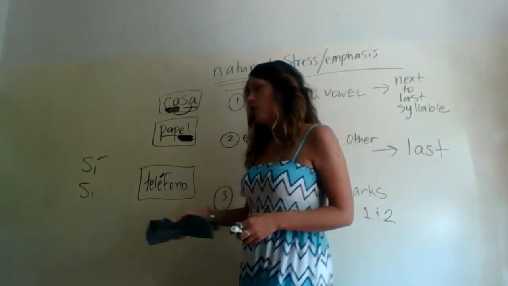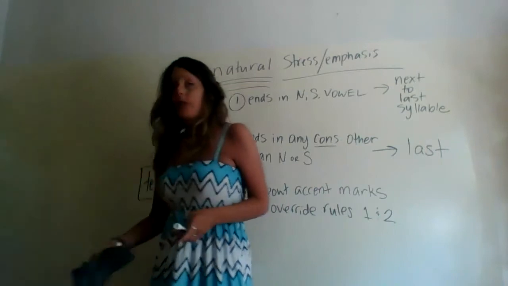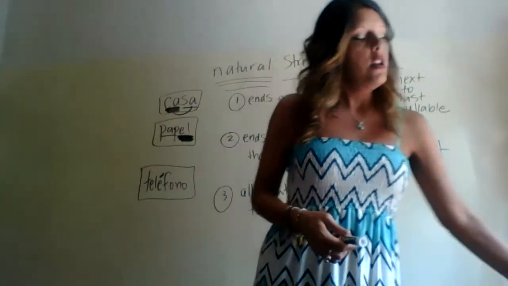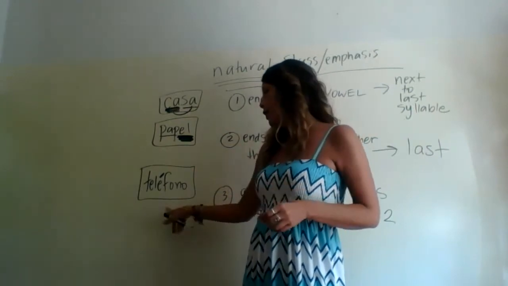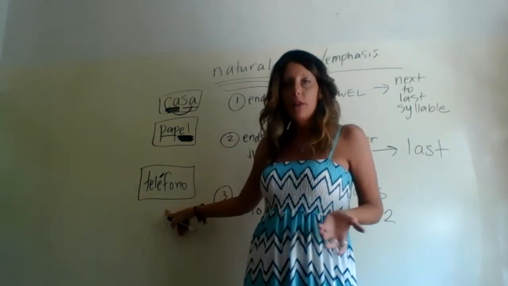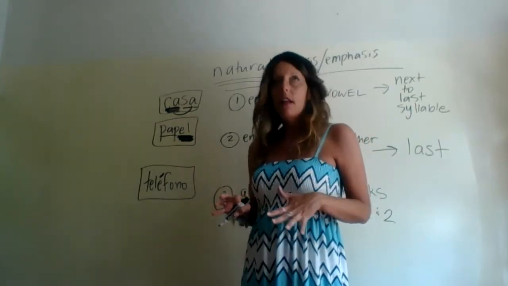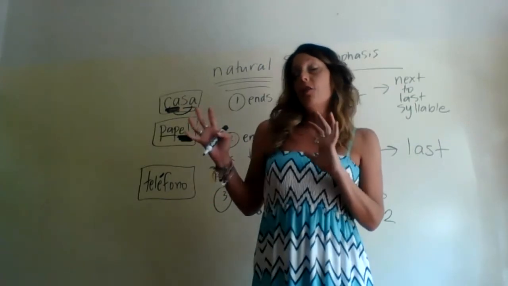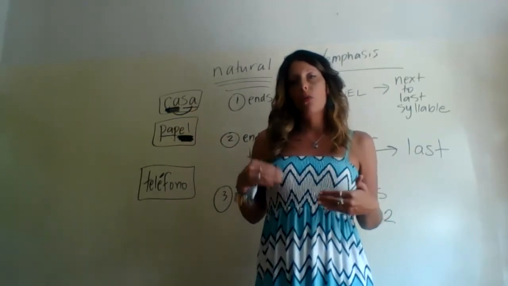The second function of an accent mark in Spanish is to change the pronunciation, which is what we're talking about right now. I have given you this word up here, which means telephone or phone, right? And we're going to see how accent marks, whenever they change the pronunciation of words, override the natural rules 1 and 2.